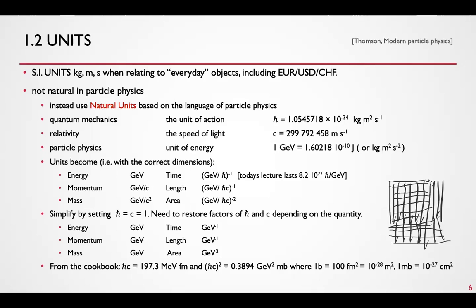Then you put a proton in the middle. That's the size of a proton, and 1 barn is 100 times the area of a proton if you look at it from one direction. Okay, so 1 barn is a gigantic cross section.